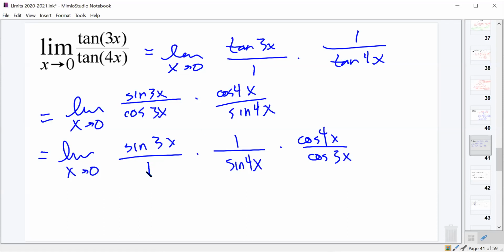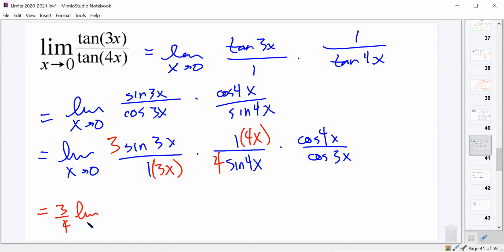So that at least will let me deal with the first two fractions here. I need to put in a 3x, and I need to put in a 4x. If I put a 3 in the denominator, I need a 3 in the numerator. If I put a 4 in the numerator, I need a 4 in the denominator. So what constant's going to get pulled outside this limit? 3/4, good.